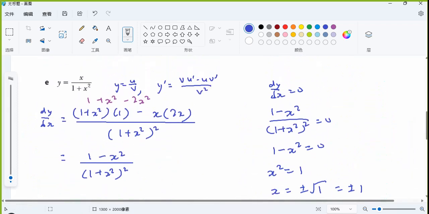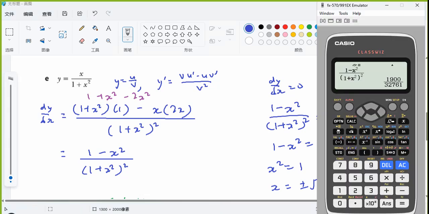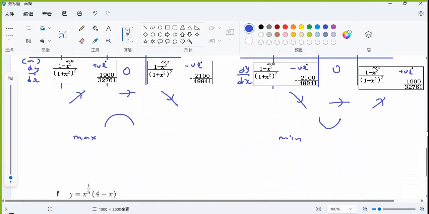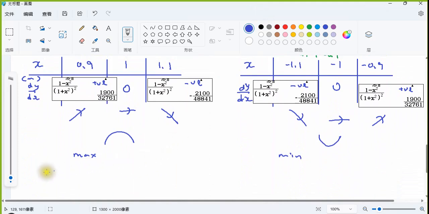So when x equal to 1, y equal to x over 1 plus x squared. So when we substitute with 1, then it's 1 over 2. So 1 over 2 is the maximum point. So x equal to 1, y equal to 1 over 1 plus 1 squared is half.